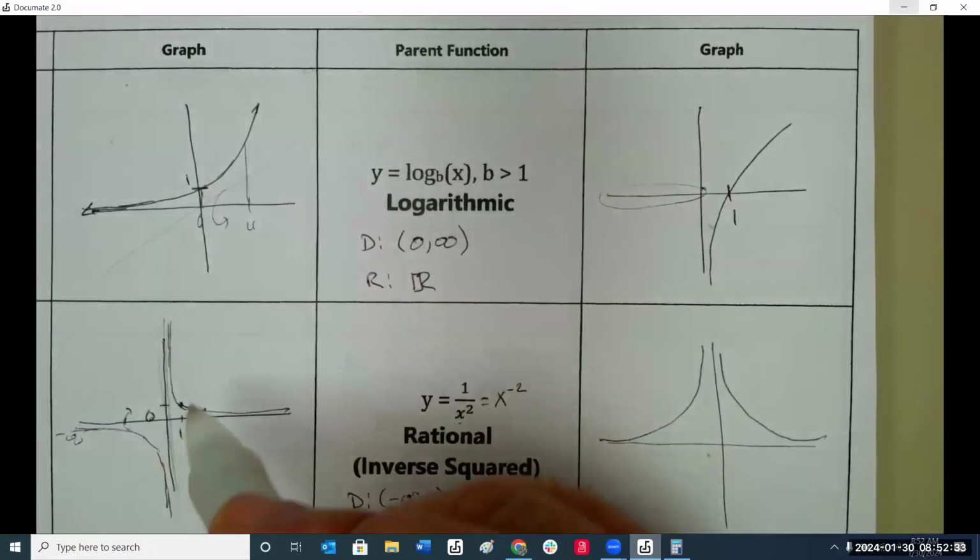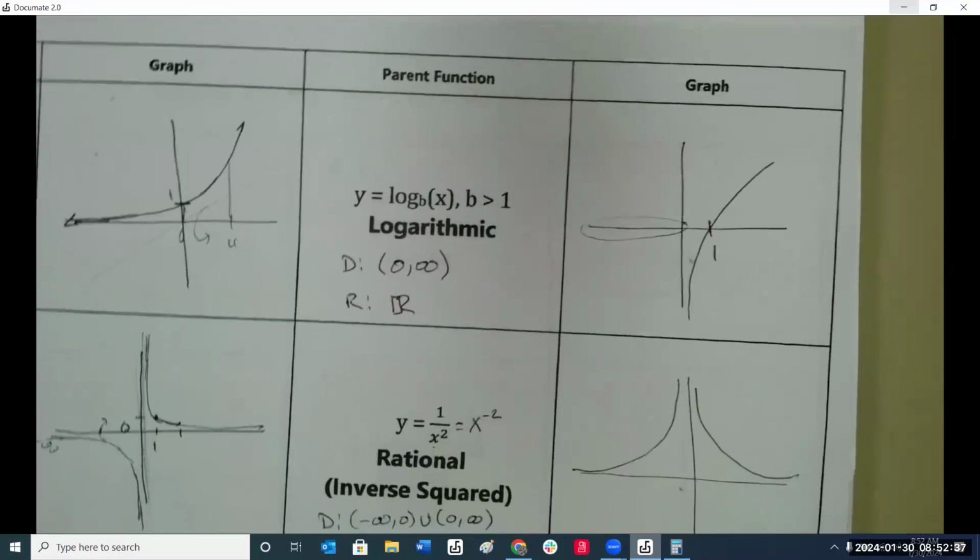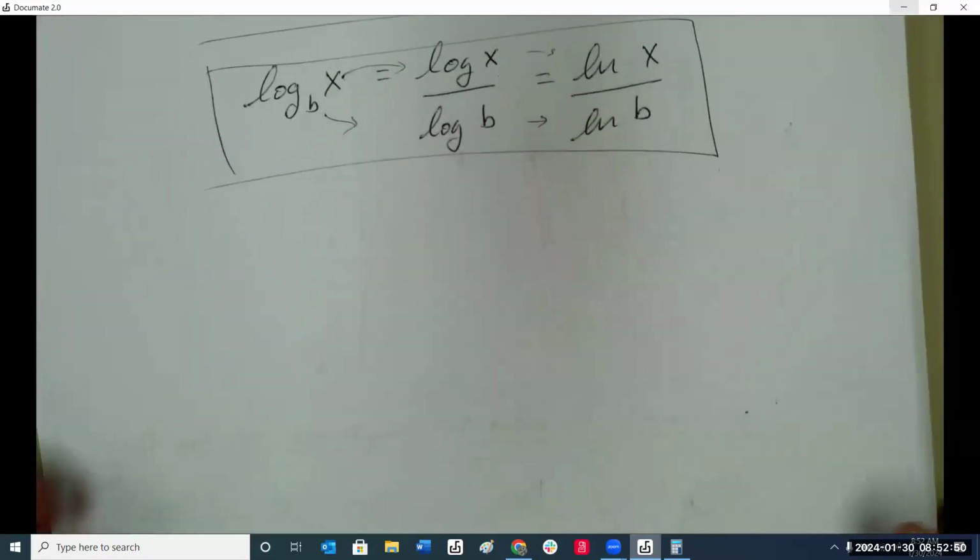You'll have to know the functions and what they look like. I'm trying to get you to put this to memory. It'll make your life much easier for us later on. Okie doke.